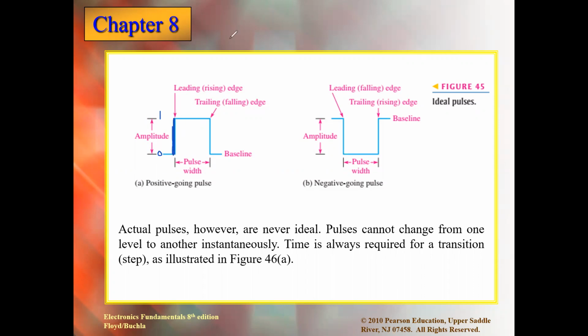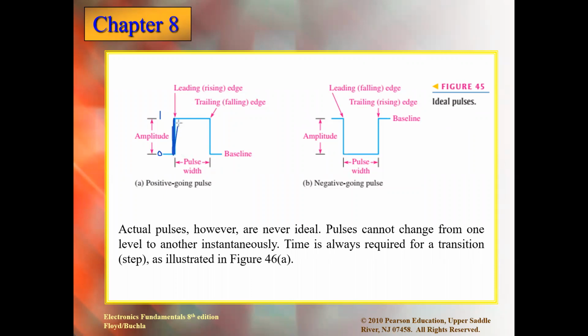But practically, it is not possible. Changing a value from 0 to 1, the voltage should rise by taking some time, but should not be a quick transition. So this ideal case is possible, but in reality, it should take some time.